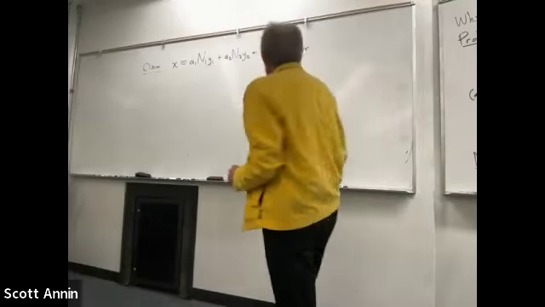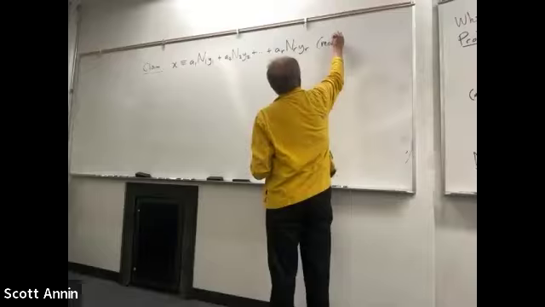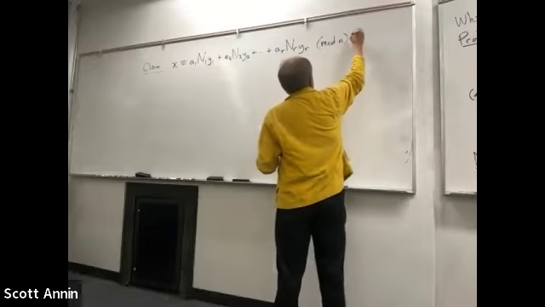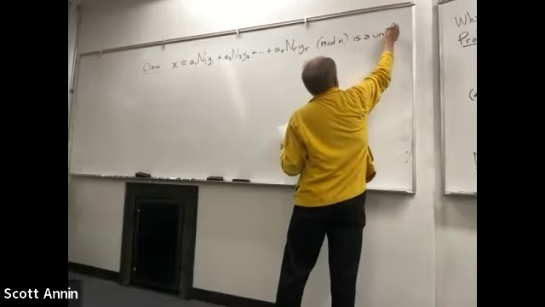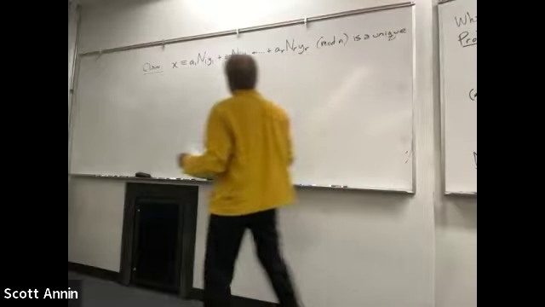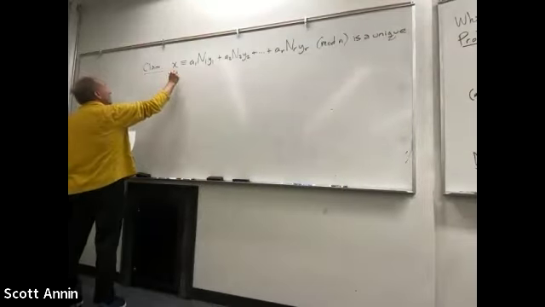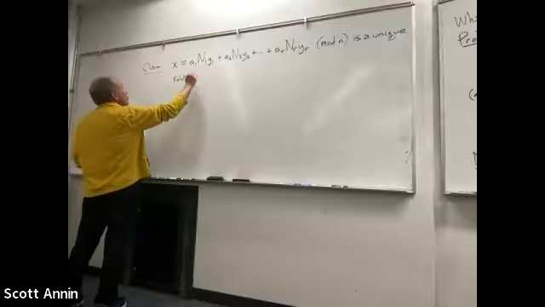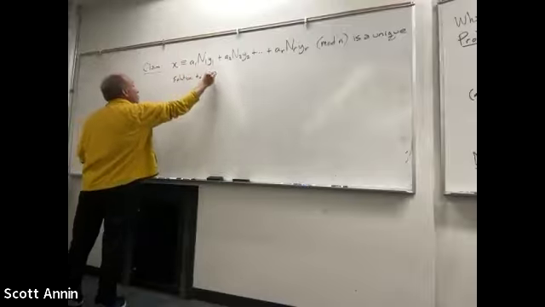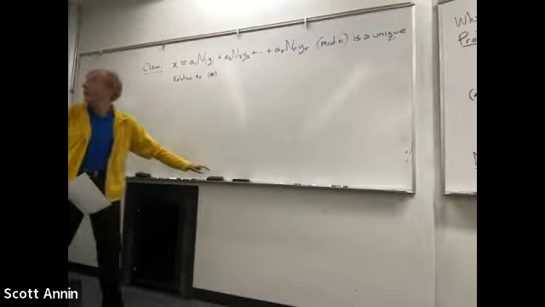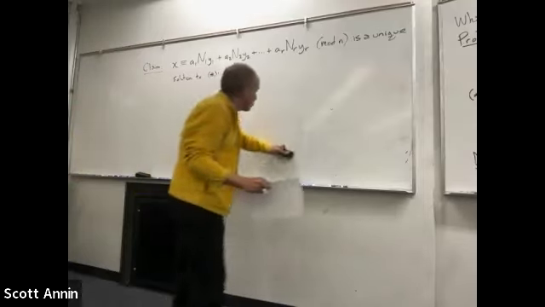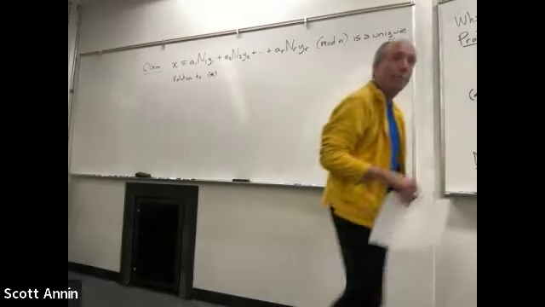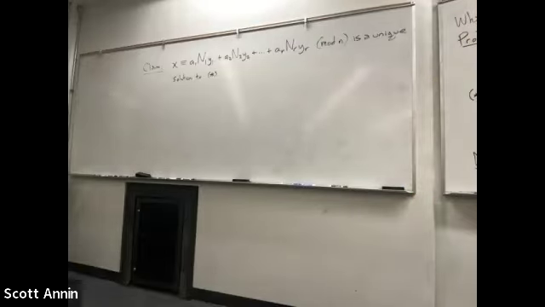That, in the world of mod N, is a unique solution to star, to our system star. This is going to be a unique solution to star. Which is what the theorem is telling us.